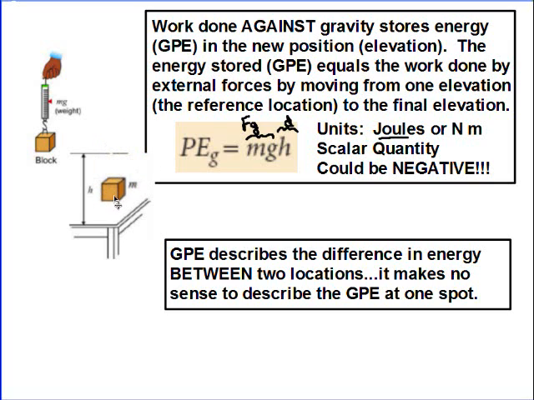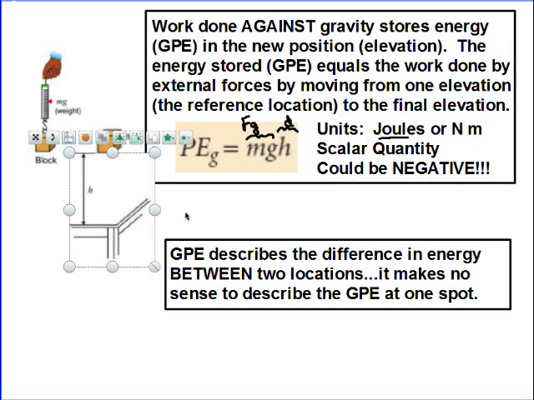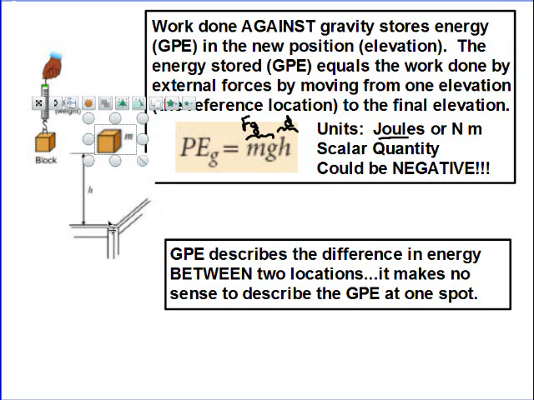In this particular example, the reference location is chosen at the top of the table. And so what is the GPE of this object relative to the top of the table? Well, then my h would be from here to there. So this might be my initial position down at this spot, and this is my final position. If I wanted to compute the gravitational potential energy here relative to there, it would just be m times g times the difference between these two elevations.